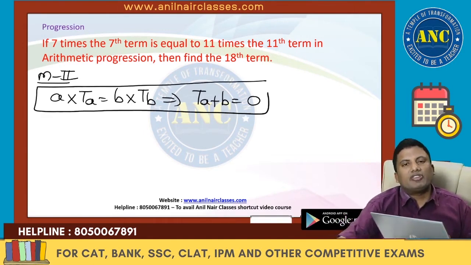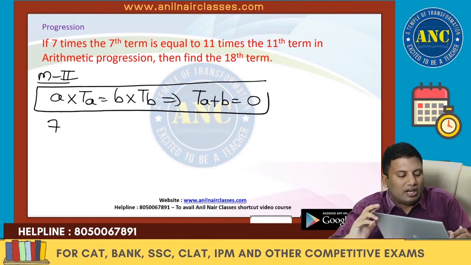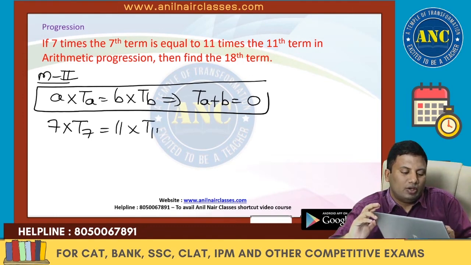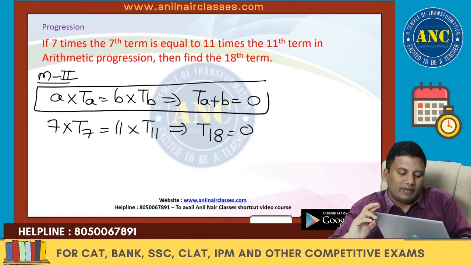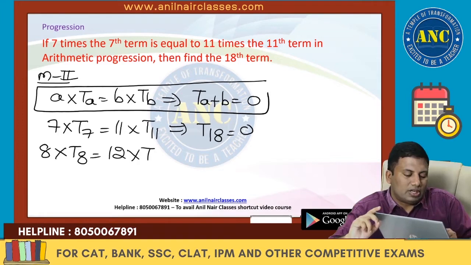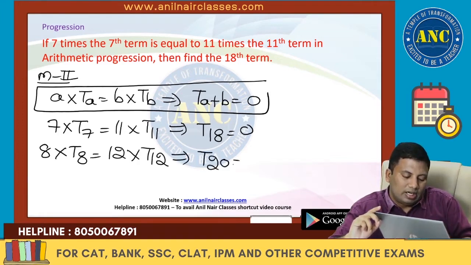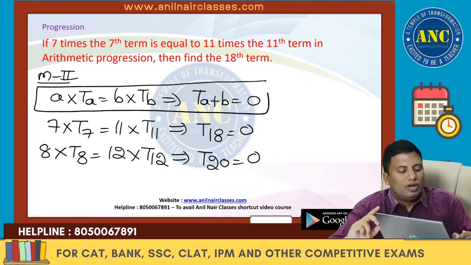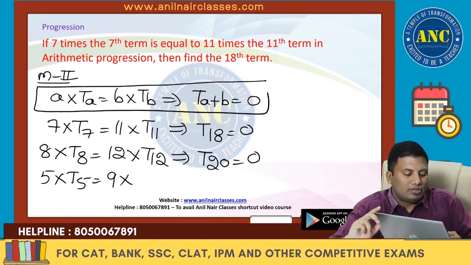7 times the 7th term equivalent to 11 times the 11th term: 7 into T7 equals 11 into T11, so T(7 plus 11), T18, is 0. 8 times the 8th term equivalent to 12 times the 12th term, and what will be the answer? 8 plus 12, T20 equivalent to 0. 5 times the 5th term equivalent to 9 times the 9th term, what will it be equal to?